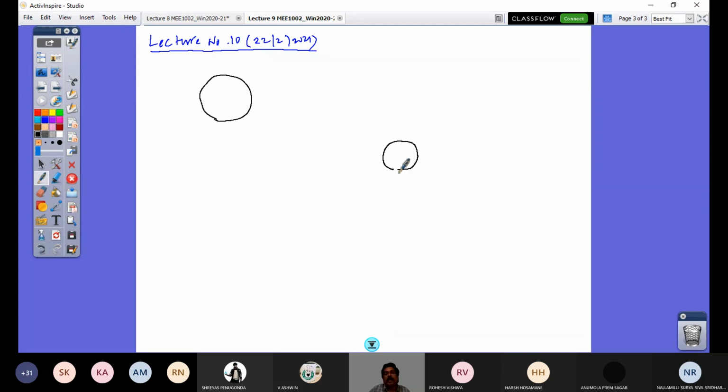These two discs are connected by a slender bar. This is its center, this is its center, connected by a slender bar, and also supported by a slope here as well as here. Pardon the diagram. This slope is of 60 degrees and this slope is of 45 degrees.